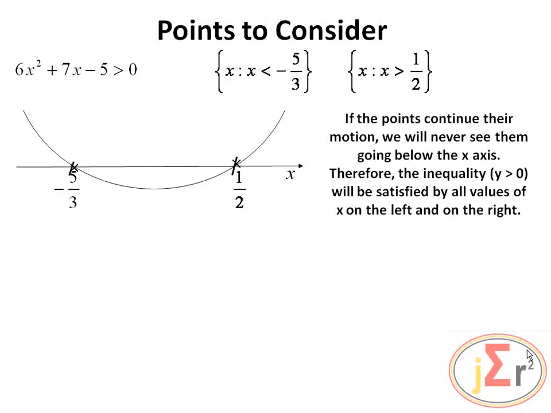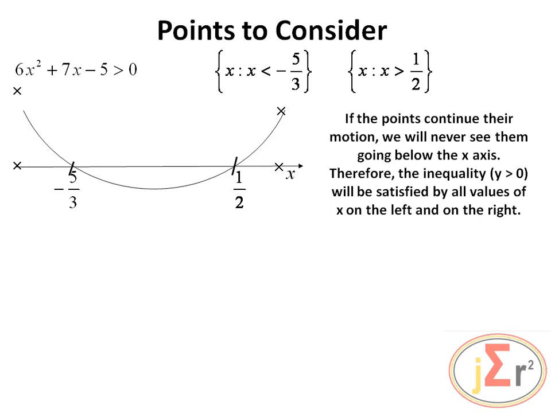If the points continue their motion, we will never see them going below the x-axis. Therefore, the inequality y is greater than 0 will be satisfied by all values of x on the left and all values of x on the right. So see, if we continue like that all the way, we realize that as long as we continue on the same path, the curve will never get below the x-axis.